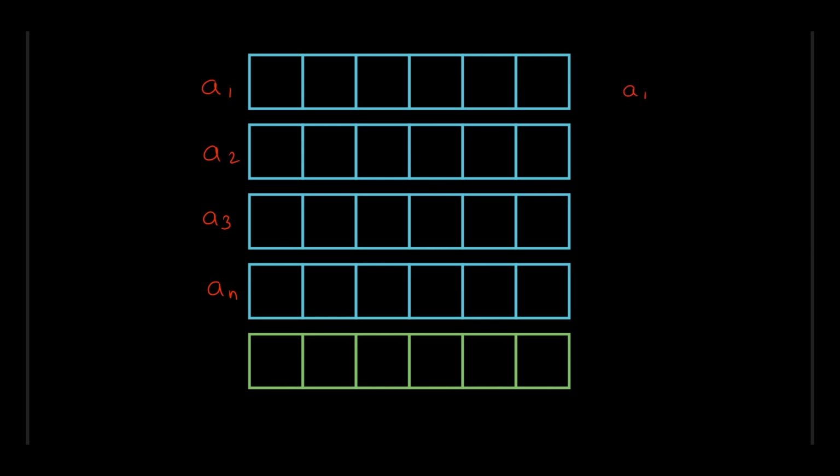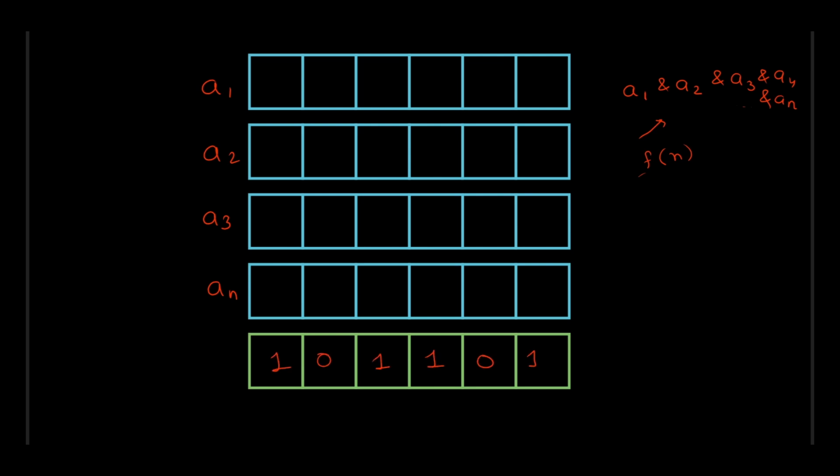So the last entry will be simply a1 AND a2 AND a3 AND a4 and so on, up to an, and that entry will be present over here. Suppose this is f(n), and suppose this is nothing but 101101.